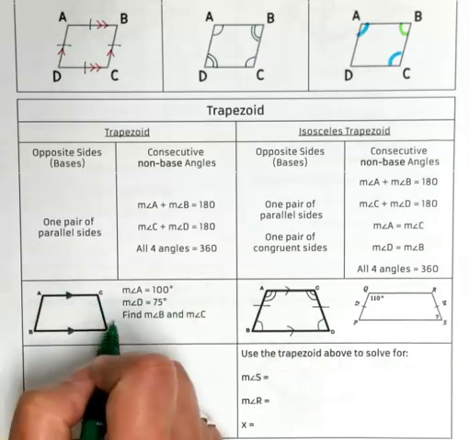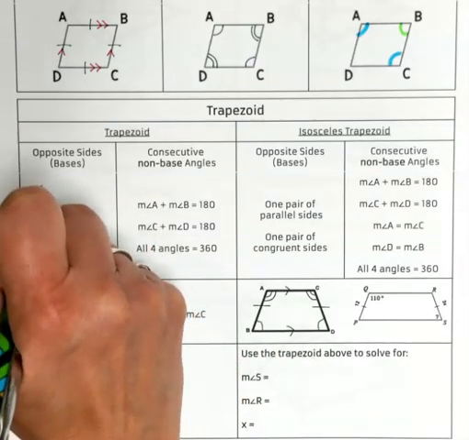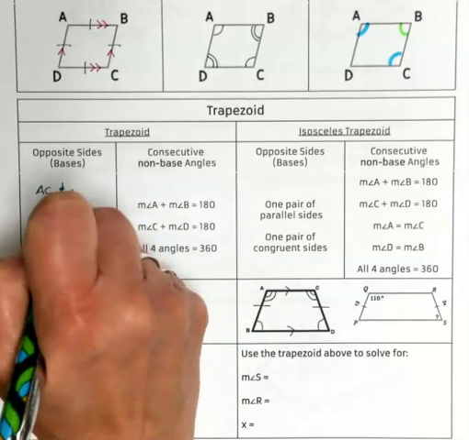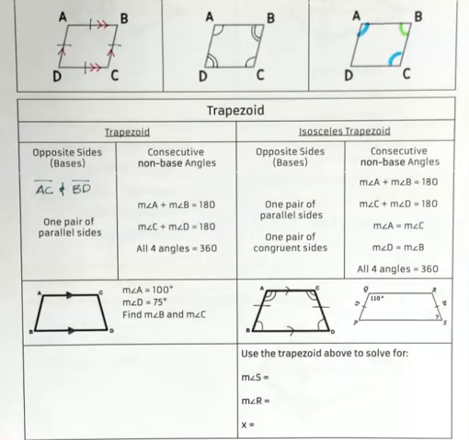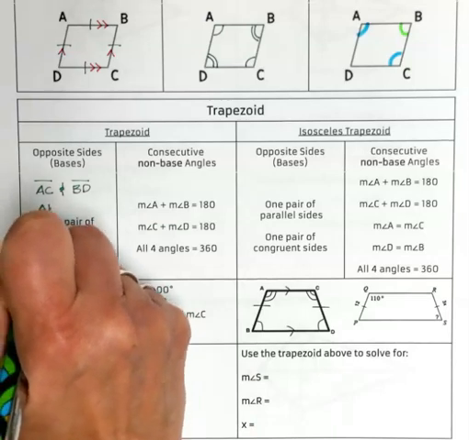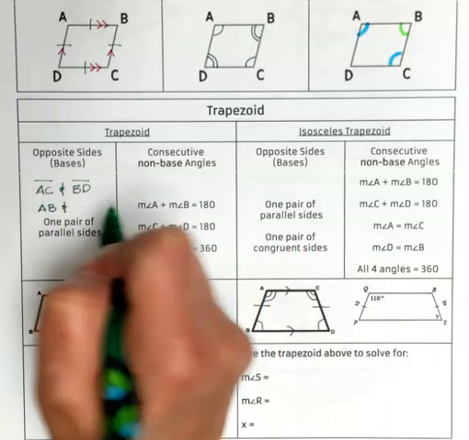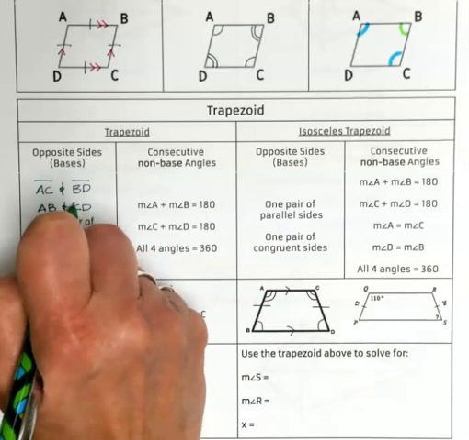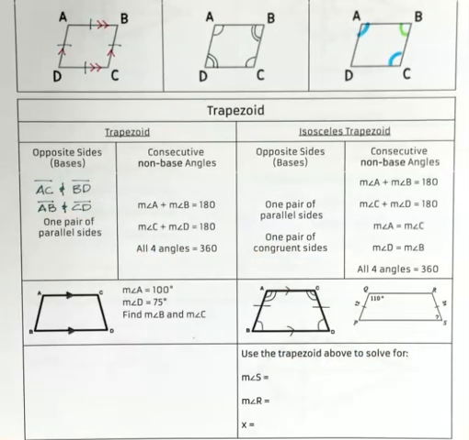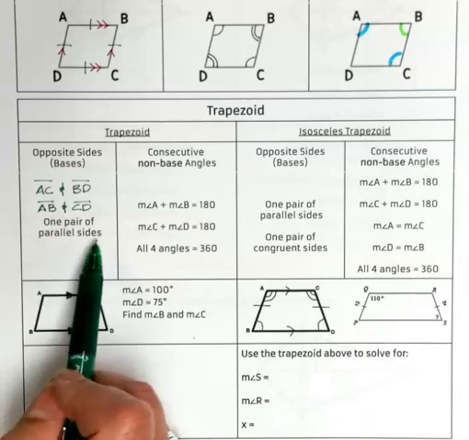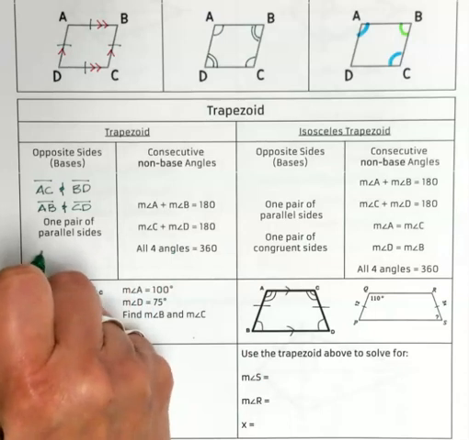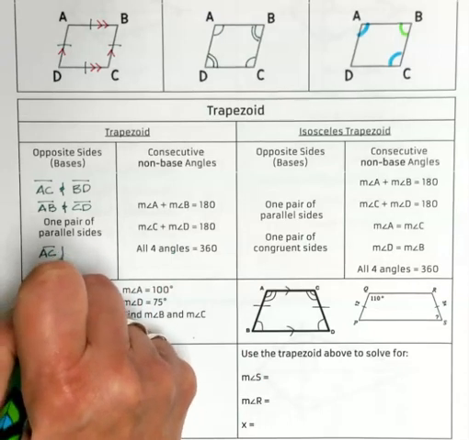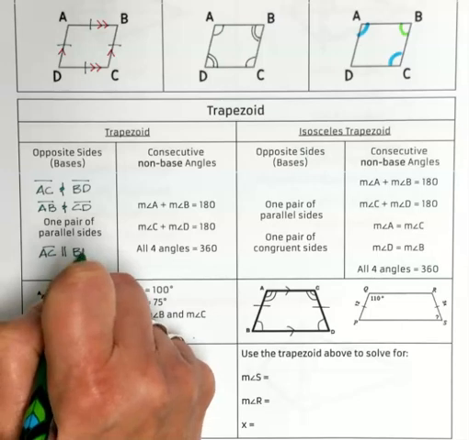So in this diagram down here, AC and BD are opposite sides, and AB and CD are opposite sides. But notice we have one pair of parallel sides. As we look at our diagram here, AC is parallel to side BD.